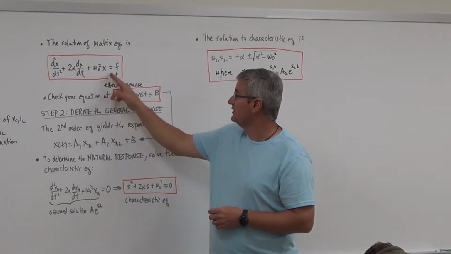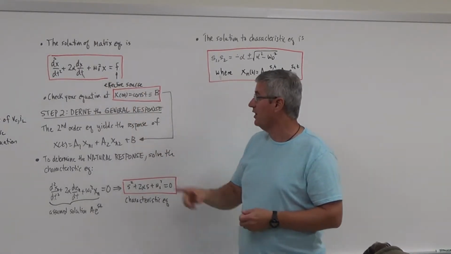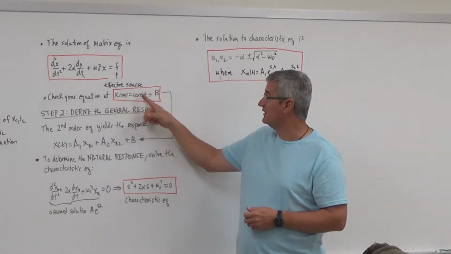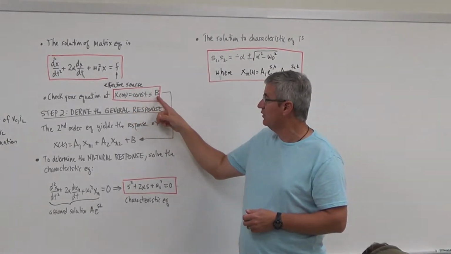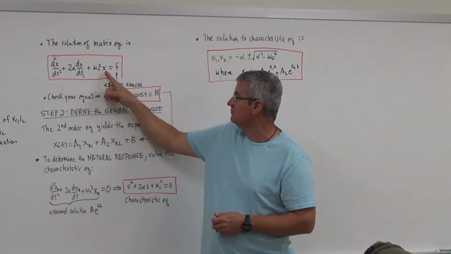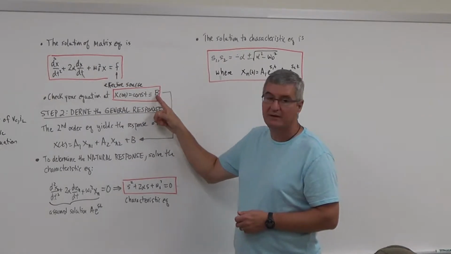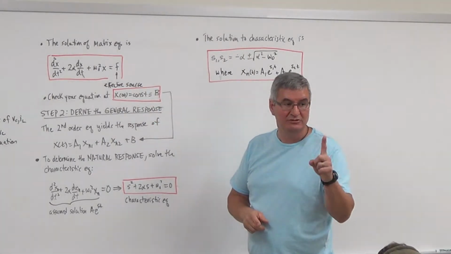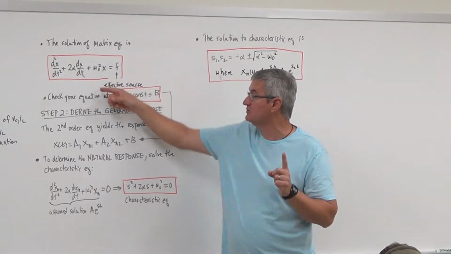To check this equation, I look at x infinity. X infinity tells me that it has to be a constant, so immediately that term and that term go to 0, but it sets up the equation right here to solve for B. That B is our forced response. So we have found one solution by looking at this equation.